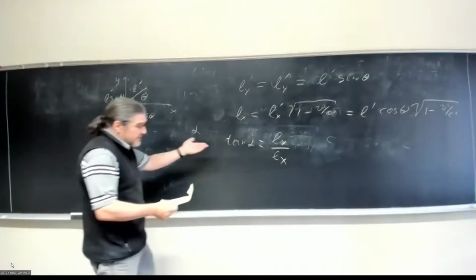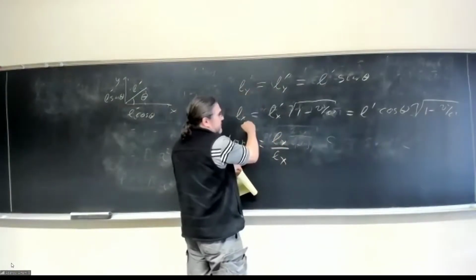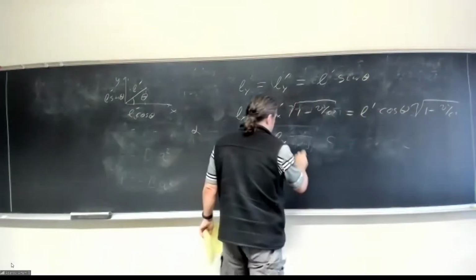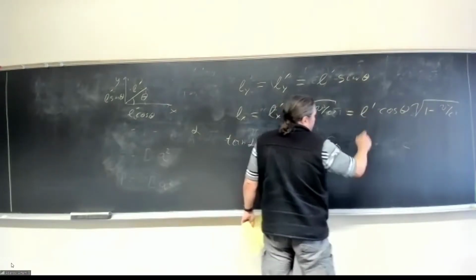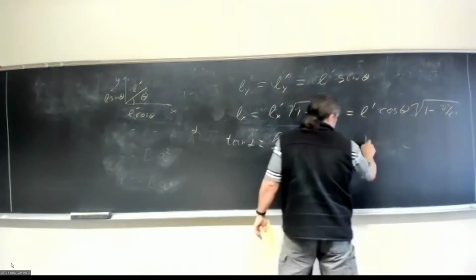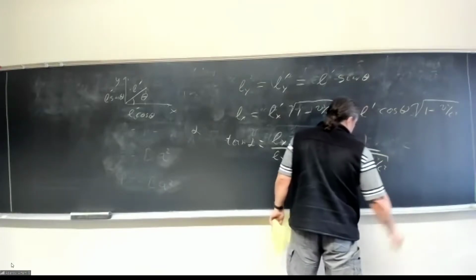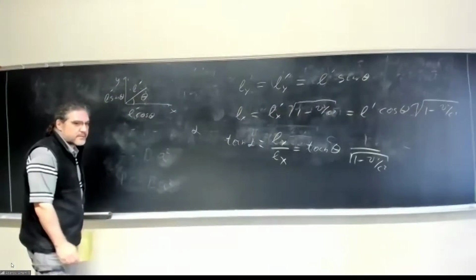That's what I measure, so I need to take Ly divided by Lx, this divided by this one. So I see that this is tangent theta, divided by the square root of 1 minus v squared divided by c squared. Okay, that makes sense?